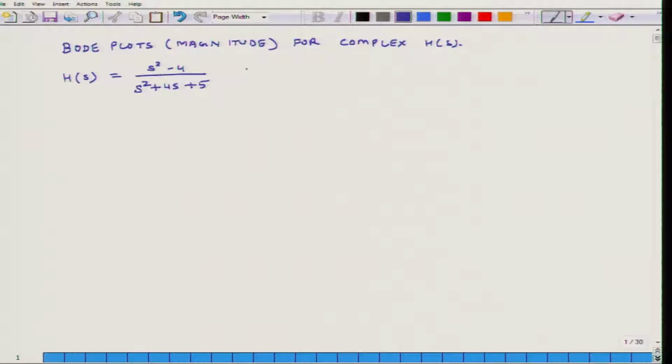The first step when I have a complex transfer function which is not just a simple pole or a simple zero is that I factorize.